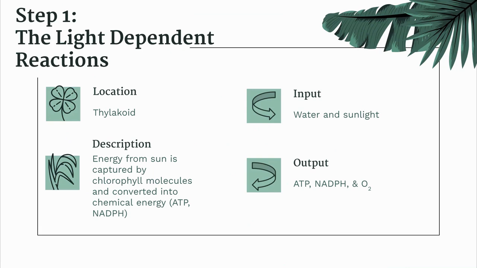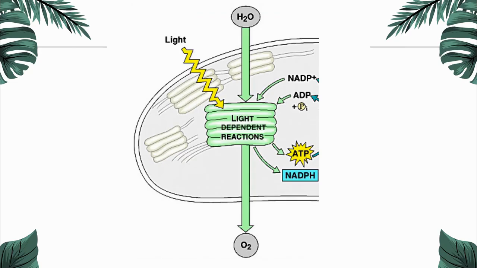We essentially just steal the hydrogen off of water, and then that hydrogen gets attached to the NADPH, and oxygen just gets released back out. Plants don't need it. We need it, but plants don't. So what we're looking at here is the light-dependent reaction. We have sunlight and water coming in.